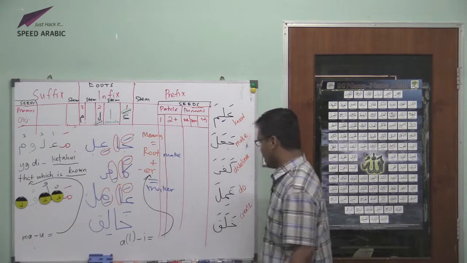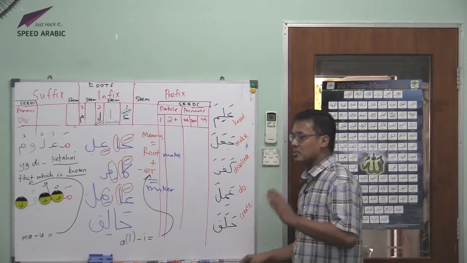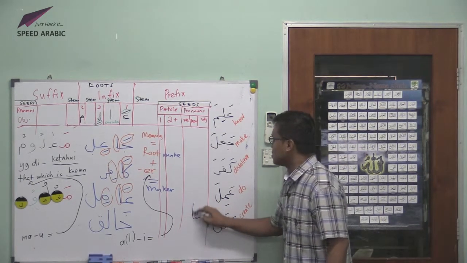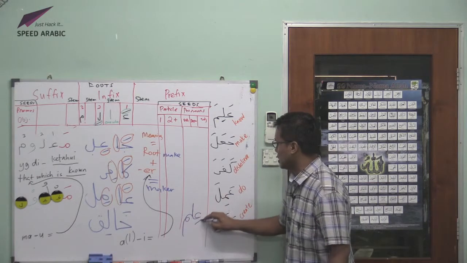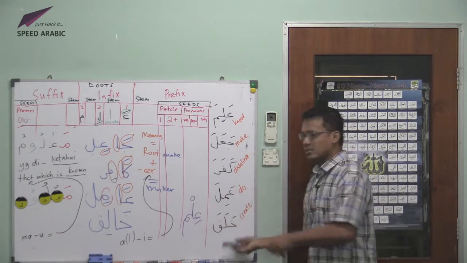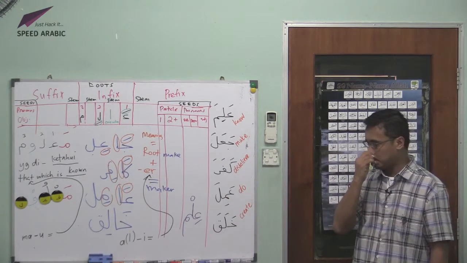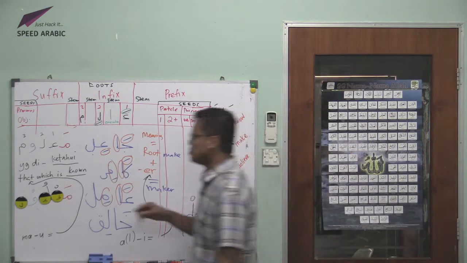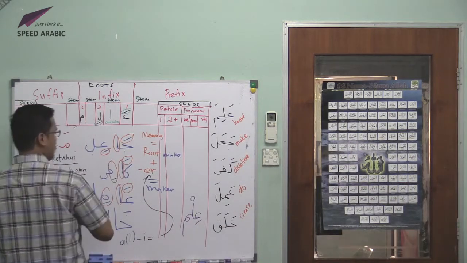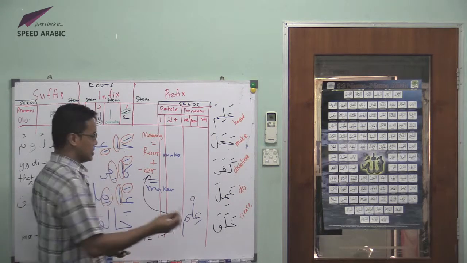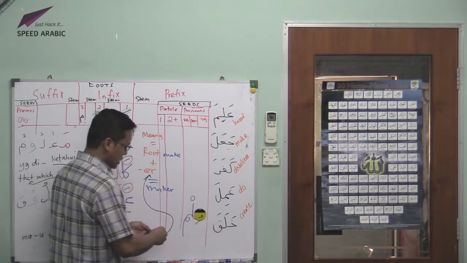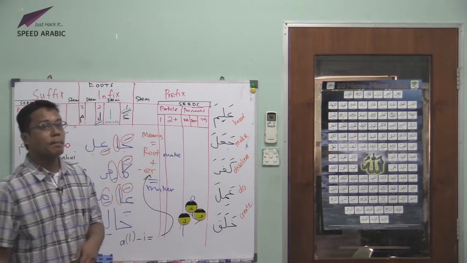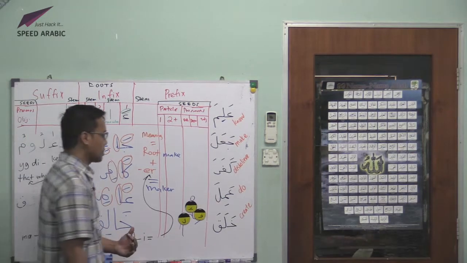Okay. So I'm giving you another form and then you tell me what form it is. Now I give you another word. Can you tell me what form this word is in? So how do you come up with the form? You just drag and drop these magnets and then you will get the form. So what is the form here? Fi'l. Okay.